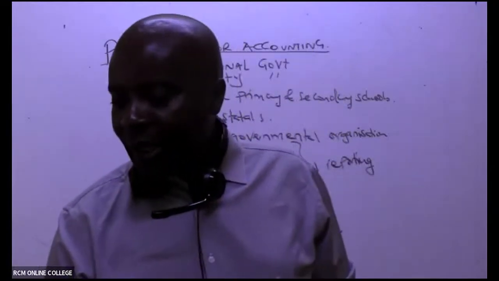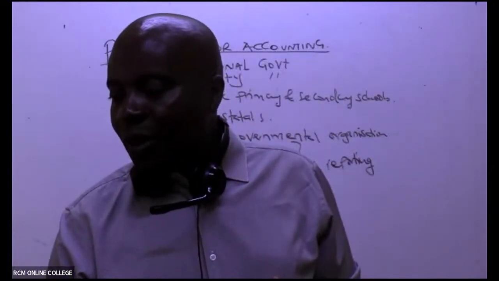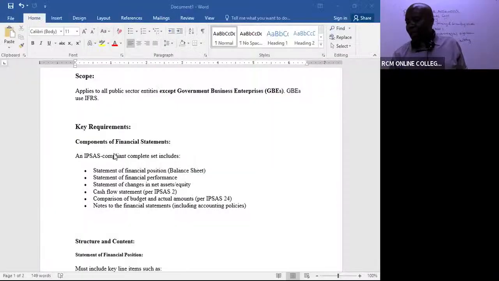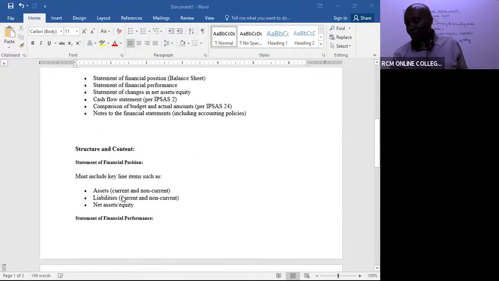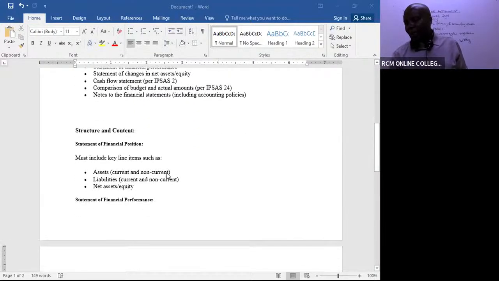Now, ladies and gentlemen, whenever we talk of IPSAS 1, we've been told what we need to have. Then we have structure and the content. So for example, the statement of financial position, what must you have? You must have this to avoid getting a qualified opinion from the Office of the Auditor General.